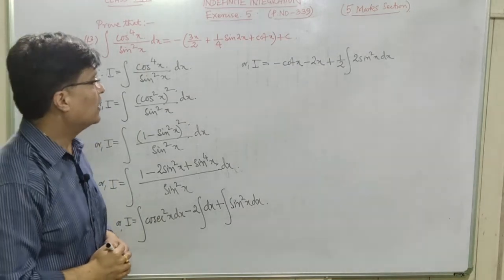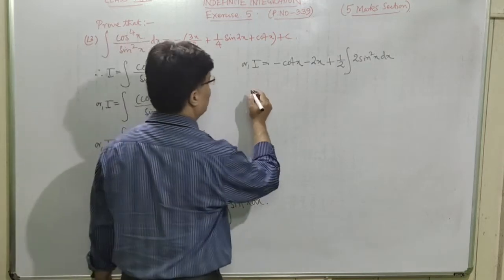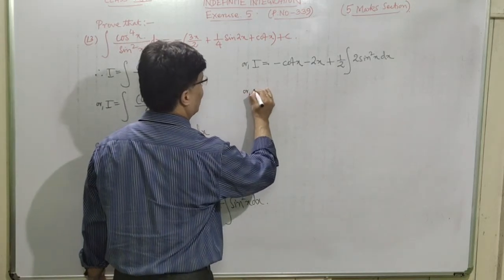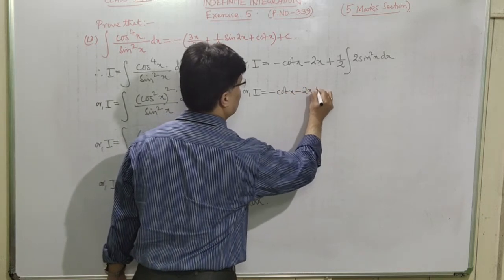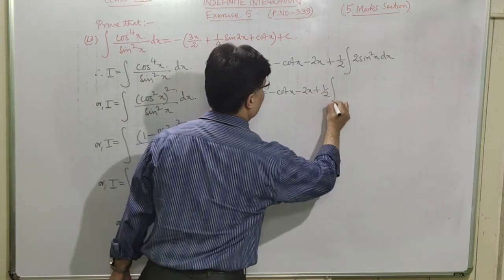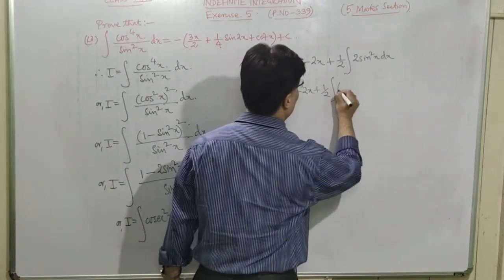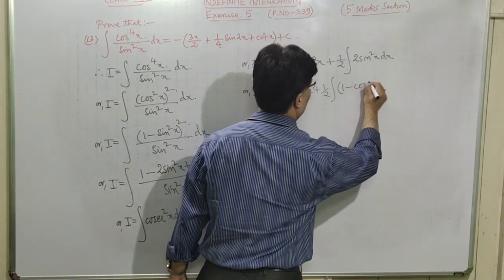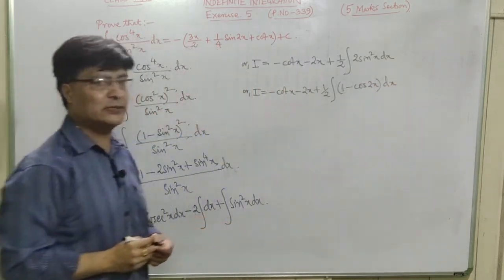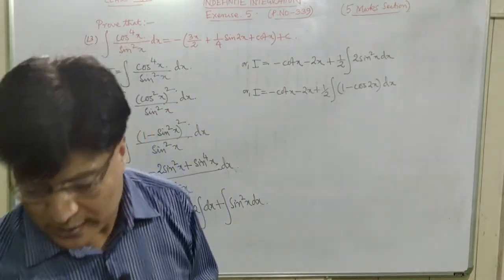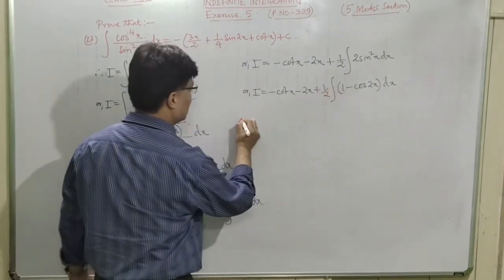And now, what is the formula for 2 sin²x? Let us write down the formula for 2 sin²x. So I is equal to minus cot x minus 2x plus half integration of, what is 2 sin²x? 1 minus cos 2x. This is your (1 − cos 2x) dx. I think you have understood it. So let us separate this integral sign.